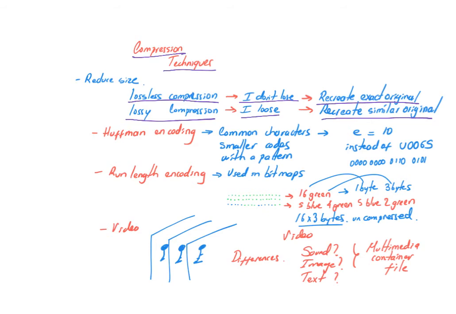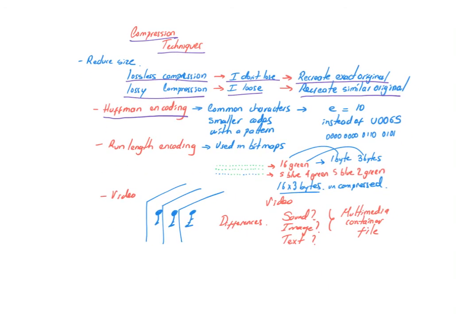So when we're talking, for example, about text files, or this even works for different types of records, you can use Huffman encoding, which uses the idea of whatever is common, like patterns that you can find in the bits and bytes.